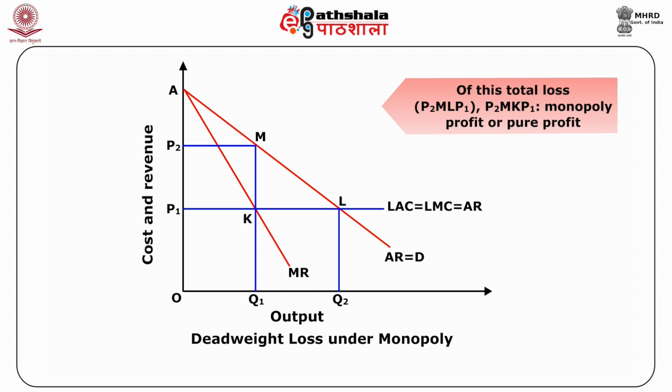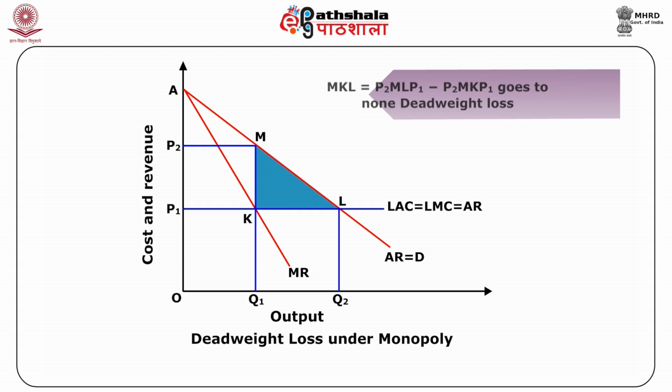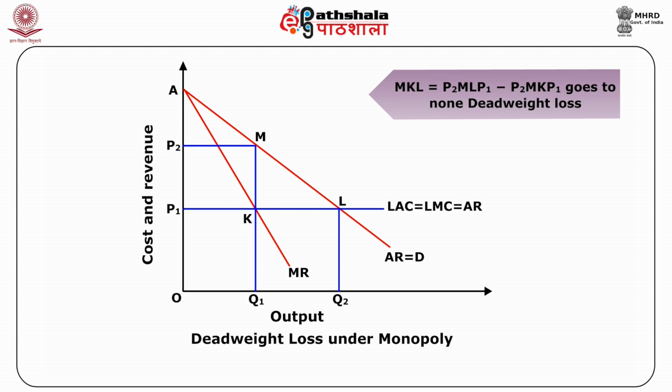Of this total loss of consumer surplus, P2MKP1 goes to the monopolist as monopoly profit or pure profit. The remainder MKL, which is P2MLP1 minus P2MKP1, goes to none. Therefore, it is termed as deadweight loss to the society caused by monopoly.